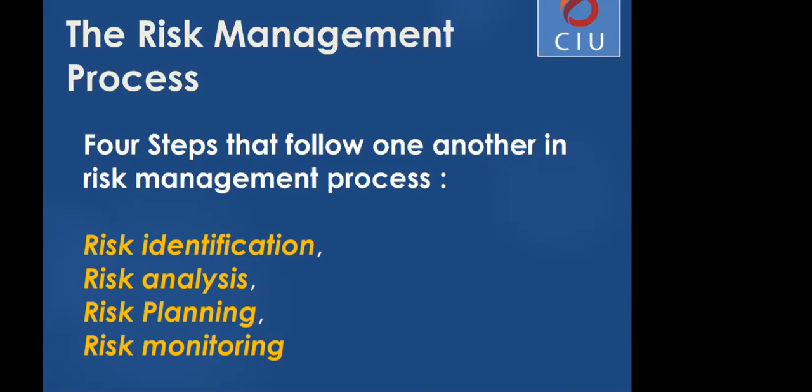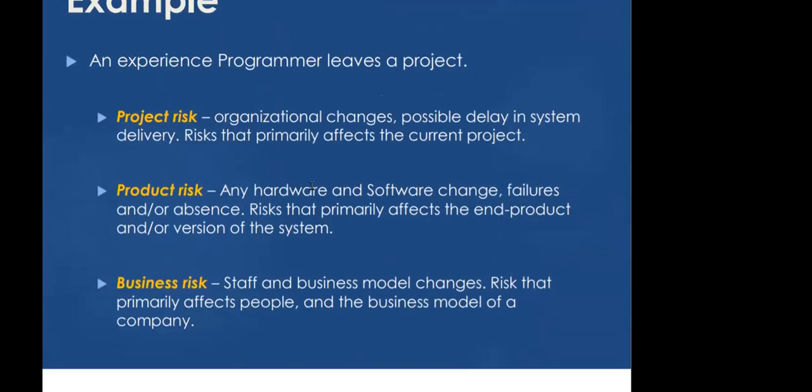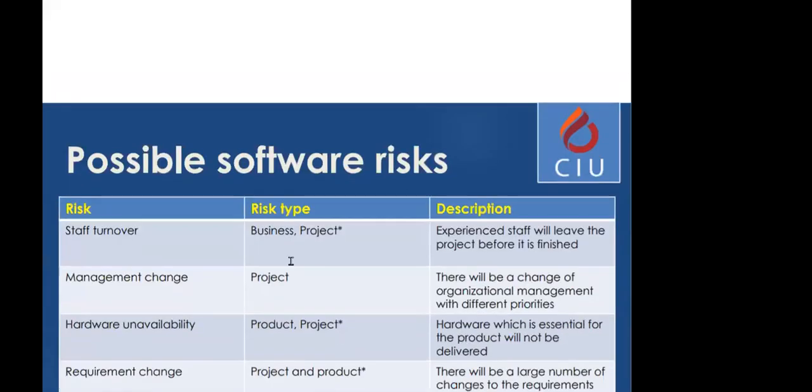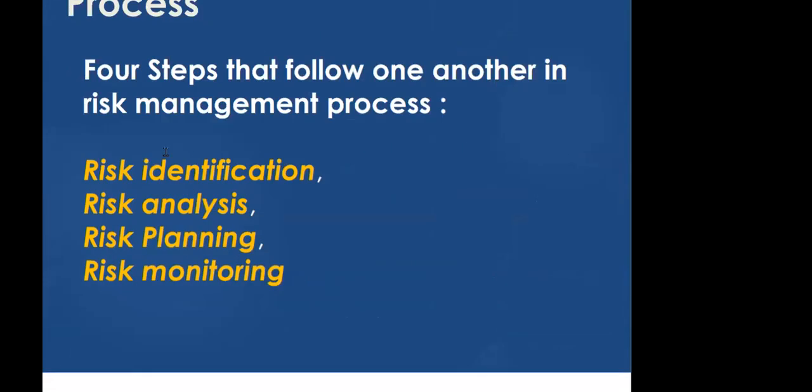Because when there is a risk, there is the possibility that it could affect the business, the product, and the project itself. Whenever you identify risks, you make sure you know who is going to be affected by this risk. You can divide the risk into one or more categories, like what we did here, but you also decide what is going to be affected, such as: is it a technological risk?